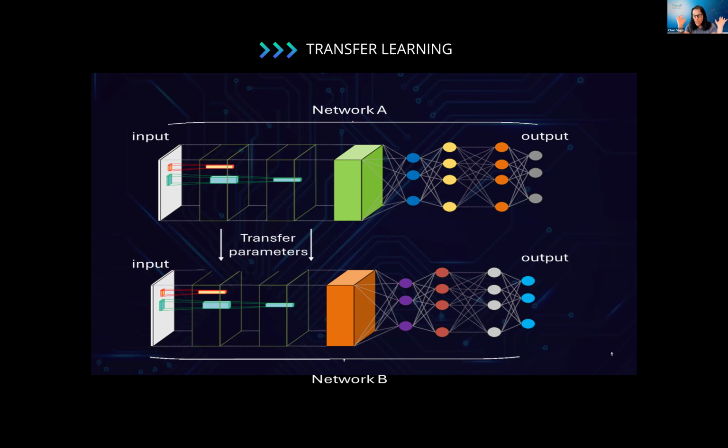I have a lot of images, so I have the privilege in natural images, and I really trained a very nice network A. And now I have a new challenge, pathology. And in pathology, let's say that for some reason, I don't have access to so many images. I have access to a limited number of images.